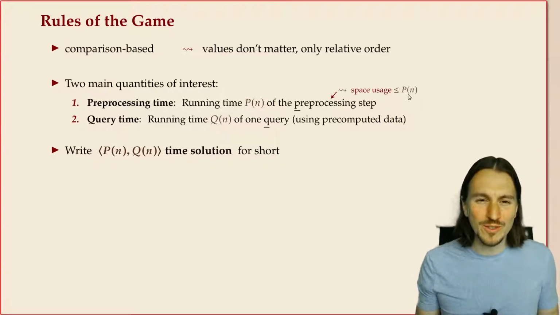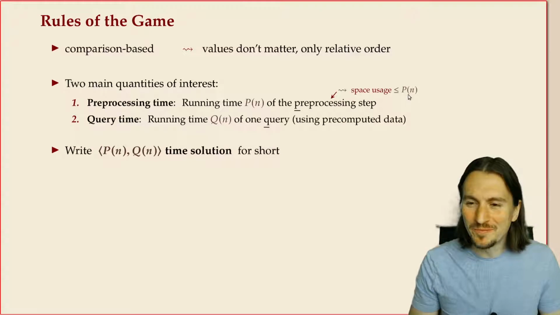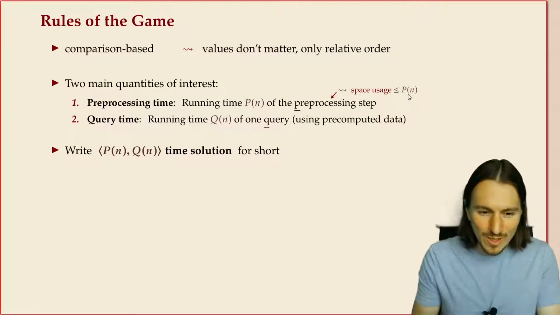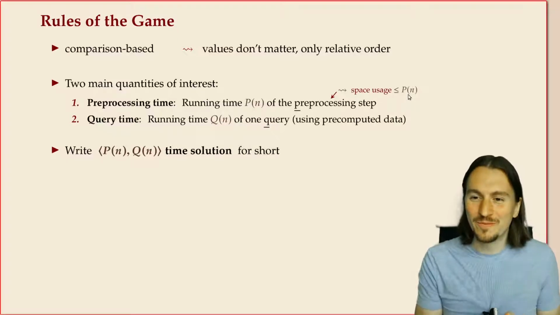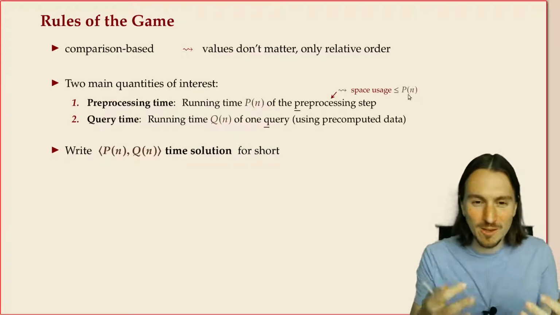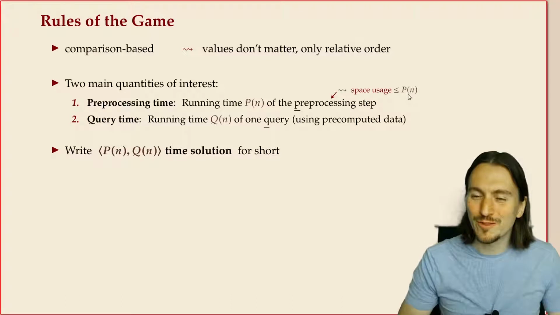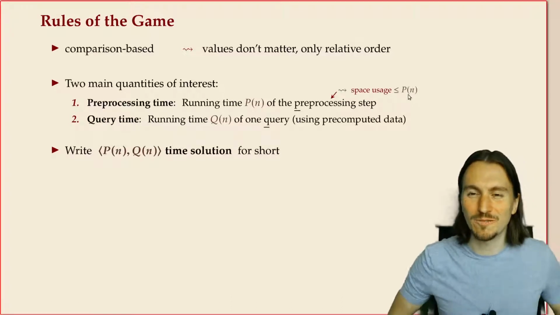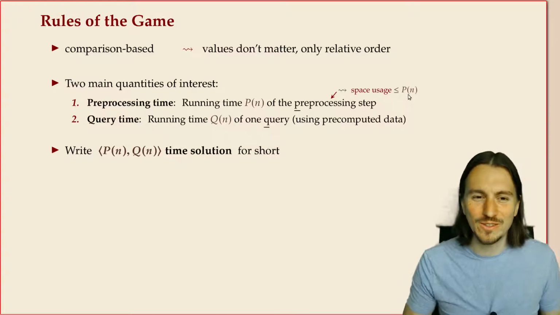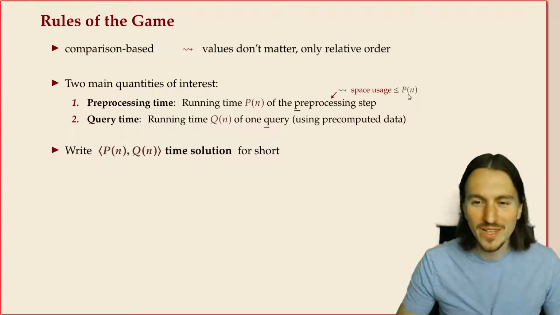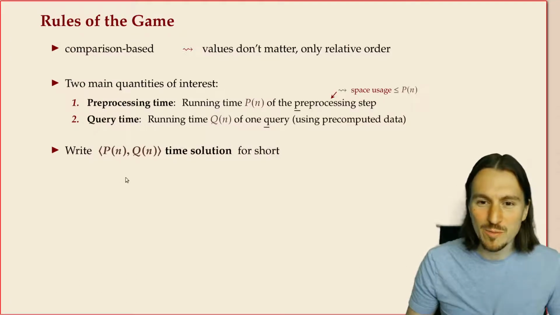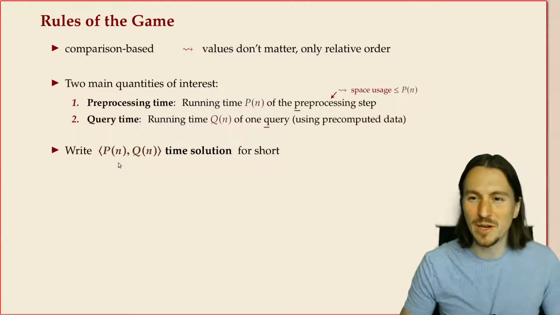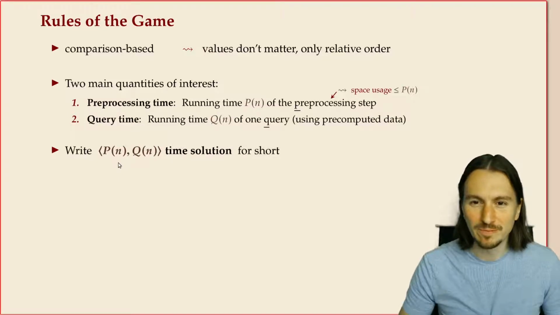Simply because, suppose the data structure were bigger, you would at least need the time in the pre-processing step to write down the data structure. So there's no way you can create something bigger than you have time to write it down. You need to write it down, and that takes time. So by bounding the pre-processing time, we automatically bound the space of the data structure.